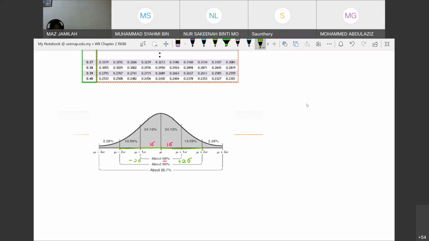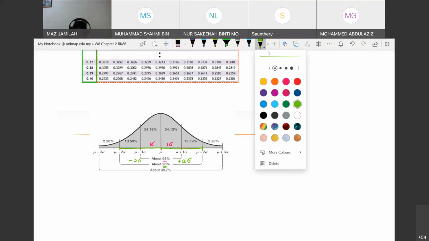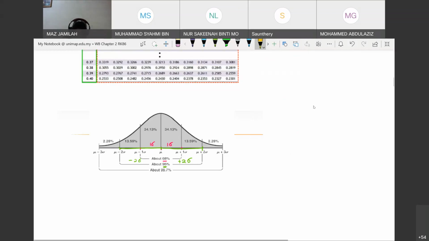For this 2 sigma, you are talking about 95%. And for the 3 sigma, let's say orange color, from the mean until 3 sigma, this is +3 sigma, this is -3 sigma, and the probability value is 99.7%, which covers the whole area here.